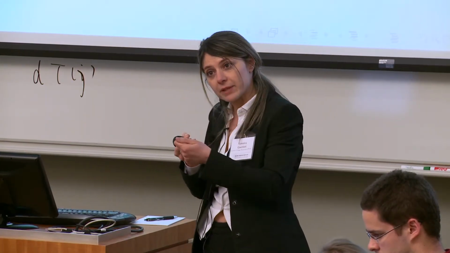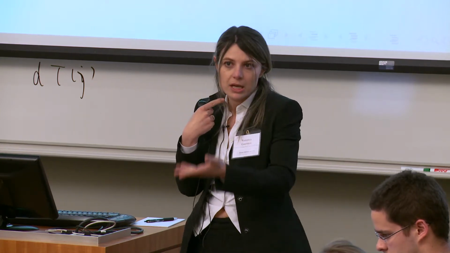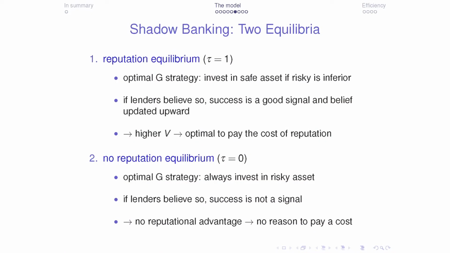This increases the continuation value for the good bank, and gives the advantage that compensates for the cost of not taking the risky investment ex ante and sustains this equilibrium.